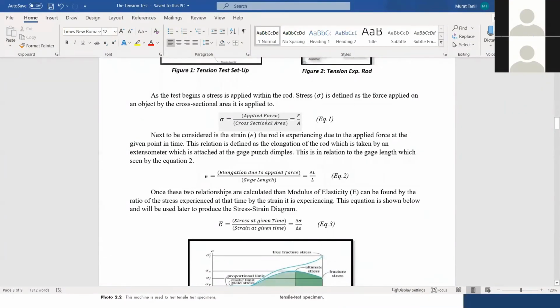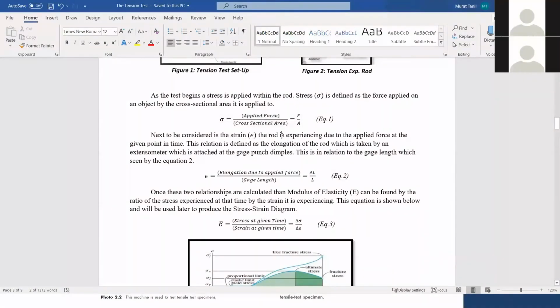You can find this equation everywhere. You can look at a mechanics of materials book or online. The notation might be different. It might be sigma, and the applied force might be P or F. But you should know that if you're trying to calculate the stress, you divide the applied force by the cross-section area.